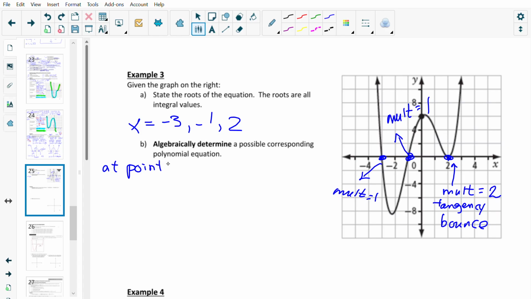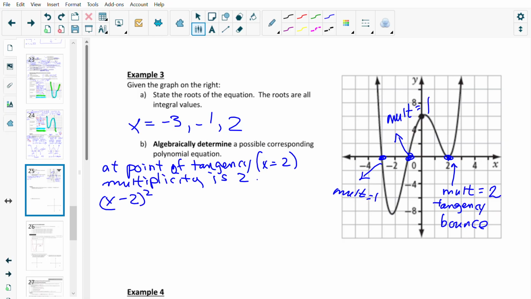Multiplicity of 1. At the point of tangency, x equals 2, the multiplicity is 2.